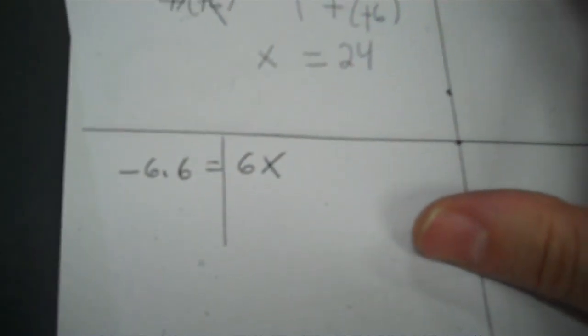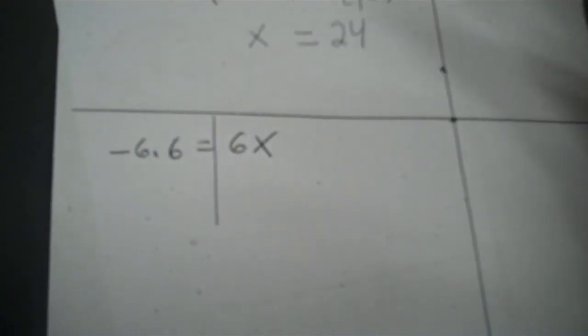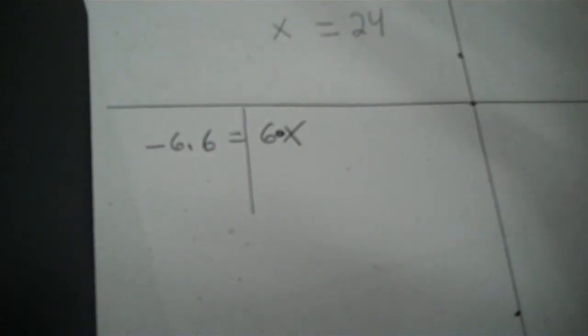Okay, next one. Here's the x, so between the 6 and the x, you don't have a sign, so that automatically means it's multiplication. So x is being multiplied, so I do the opposite of multiplication, which is to divide. And I will be dividing by 6.